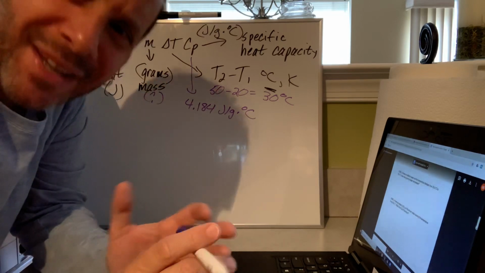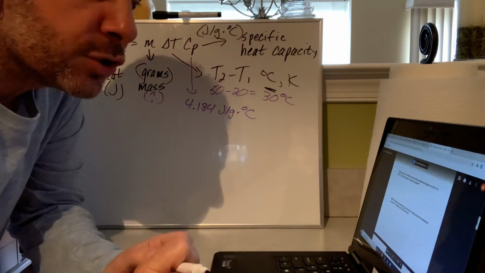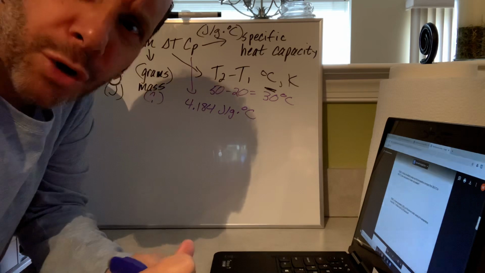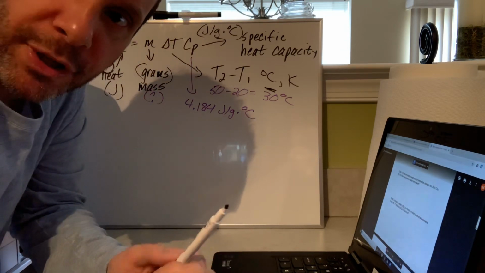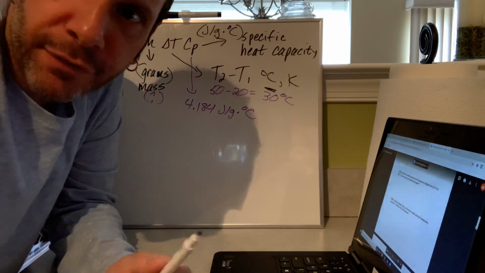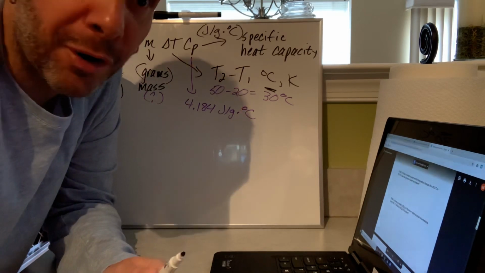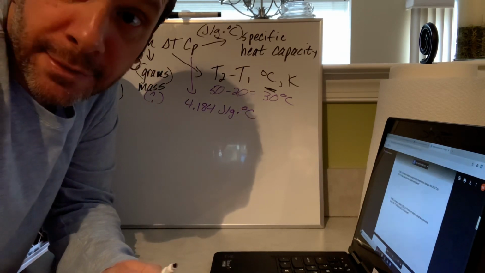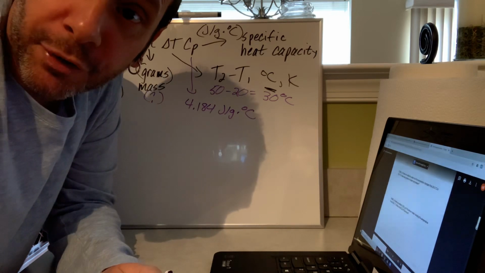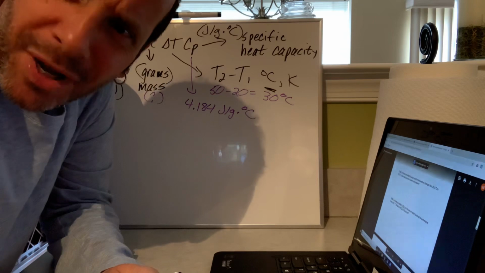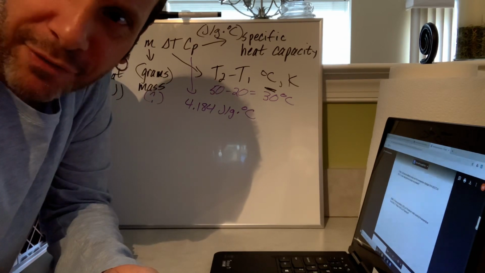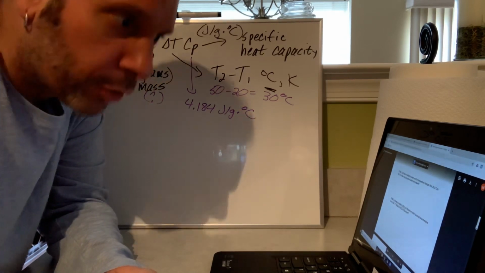So that's what I mean when I say it has a high heat capacity. Most of the metals are under 1 joule per gram. That's why you put a pan in the oven on 400 for a minute and it's going to be super hot. You put a glass of water in the oven on 400 for a minute, you take it out, and it changes temperature, yeah, but it's not going to change that fast. Look at how long it takes a pot of water to boil.